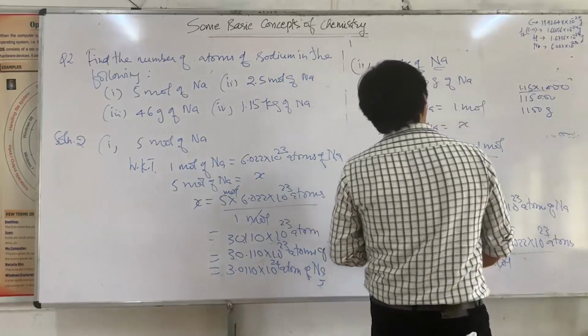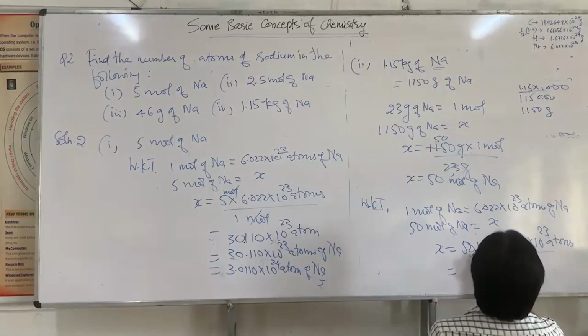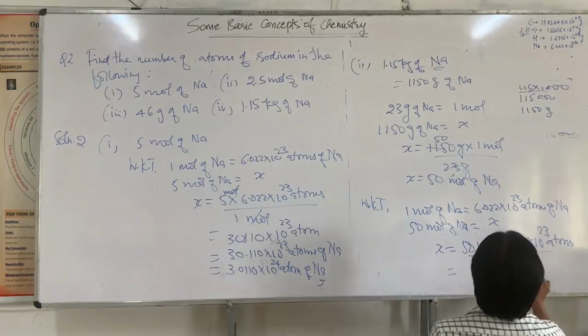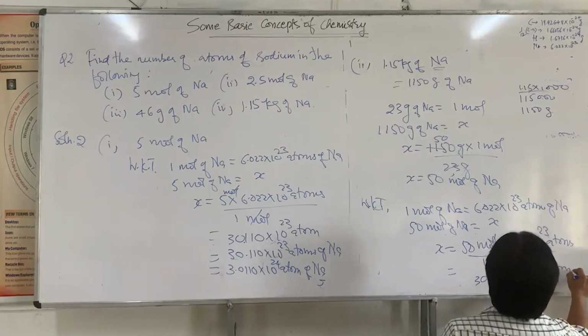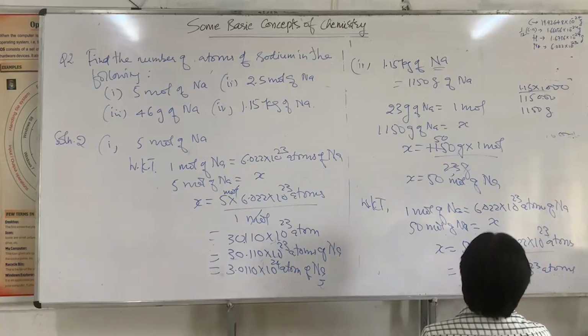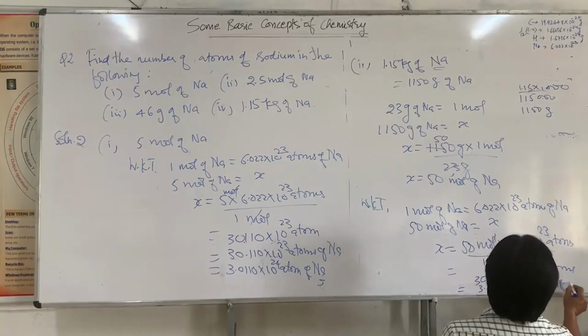Finally, when you multiply these, you will get 301.10 into 10 raised to the power 23 atoms. And if you write it in scientific notation, it becomes 3.0110 into 10 raised to the power 25 atoms of sodium.